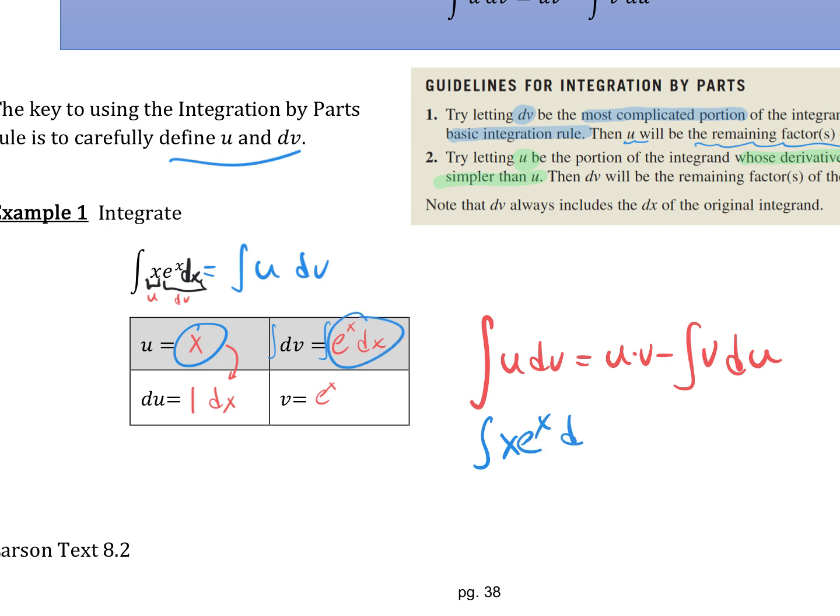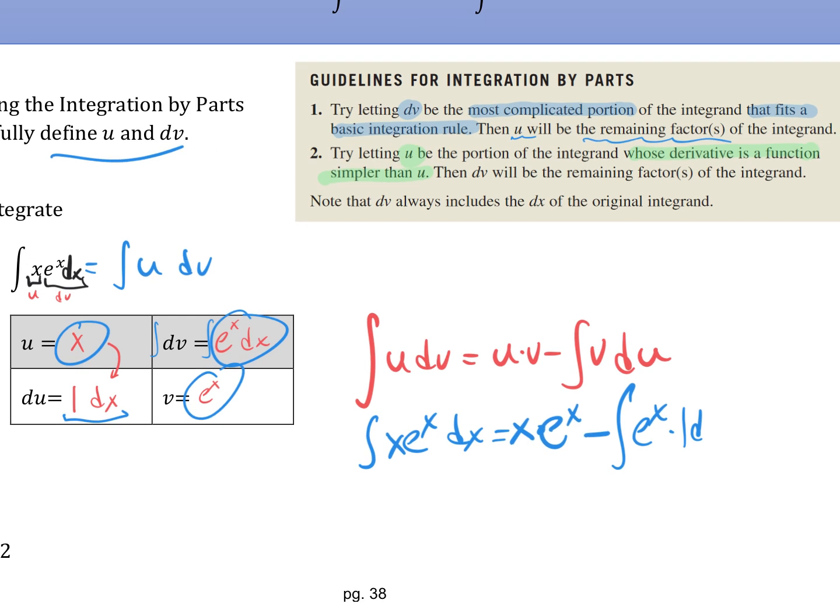e to the x dx is equal to u, which is x, times v, which is e to the x, minus the integral of v, which is e to the x, du, and du is 1 dx.